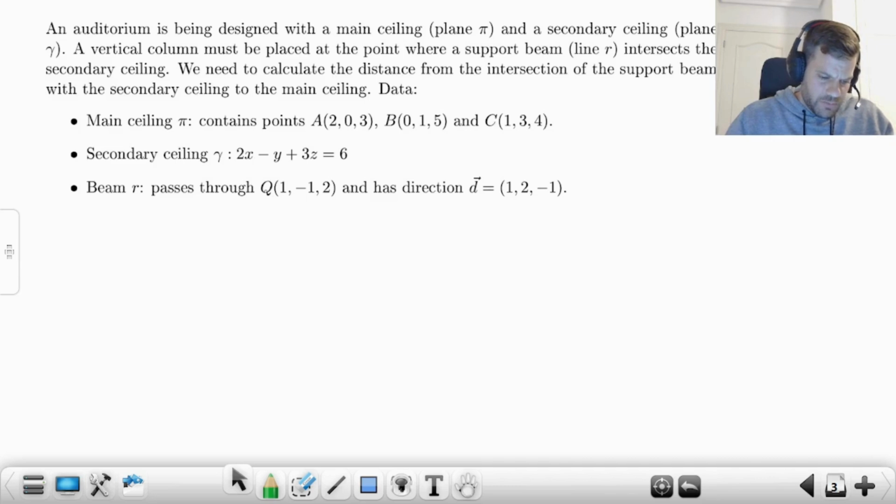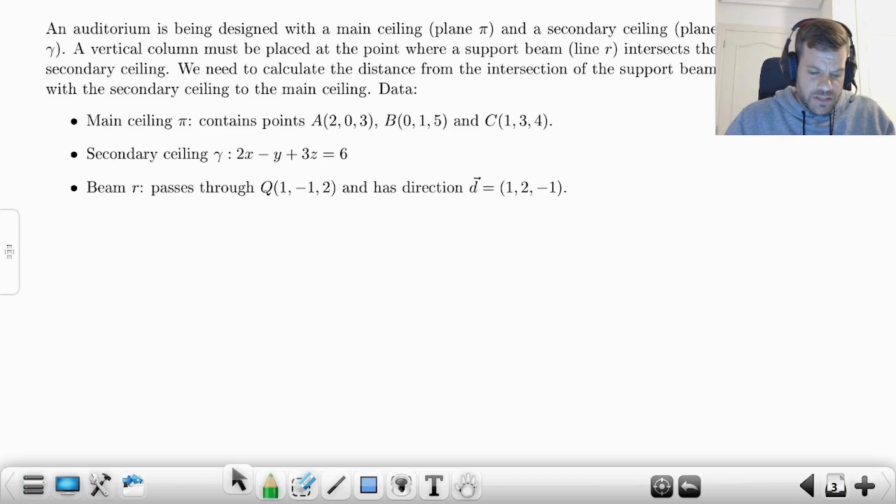In this problem, we are told that we are designing some sort of auditorium, and the auditorium has two ceilings: the main ceiling, a plane pi, and a secondary ceiling, plane gamma.